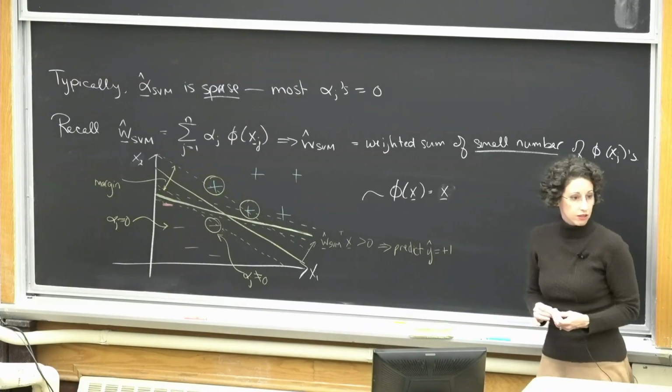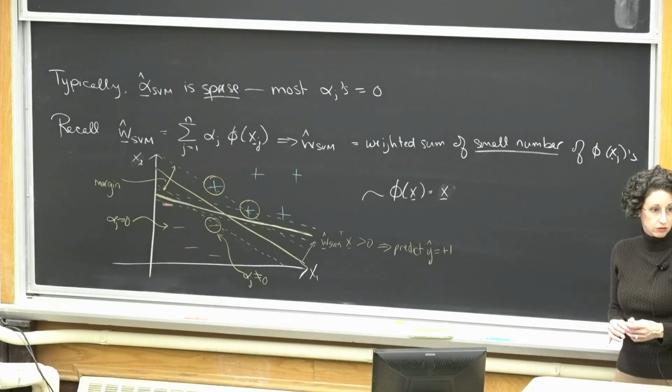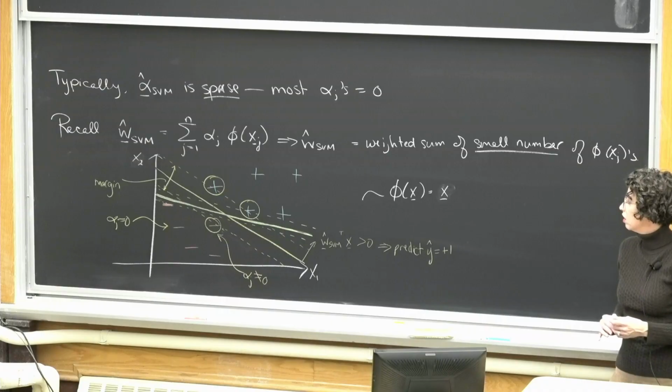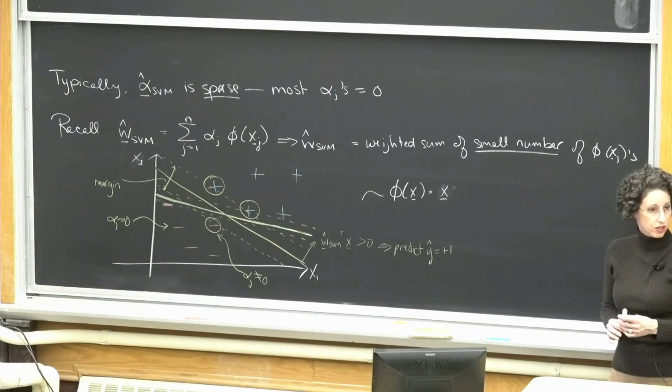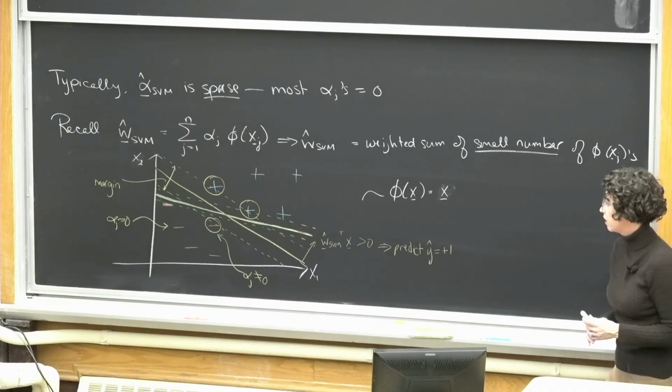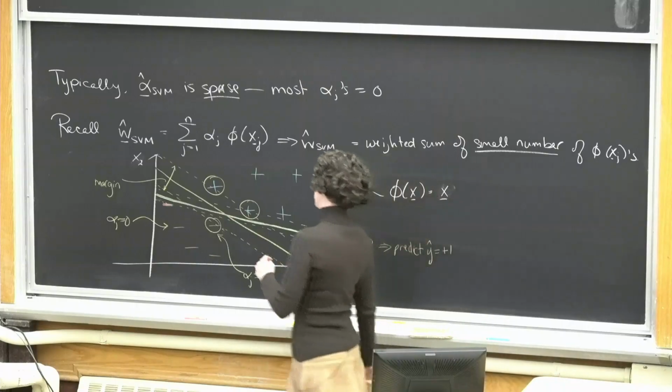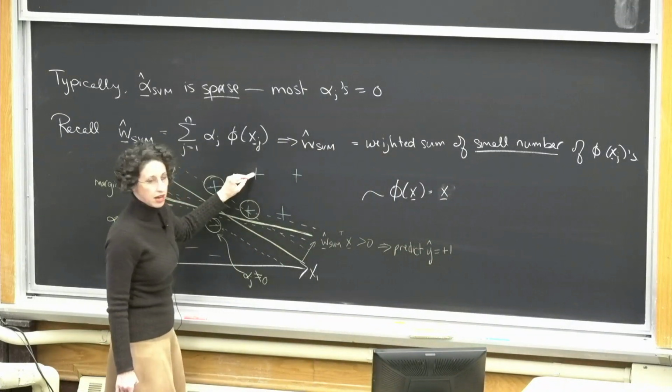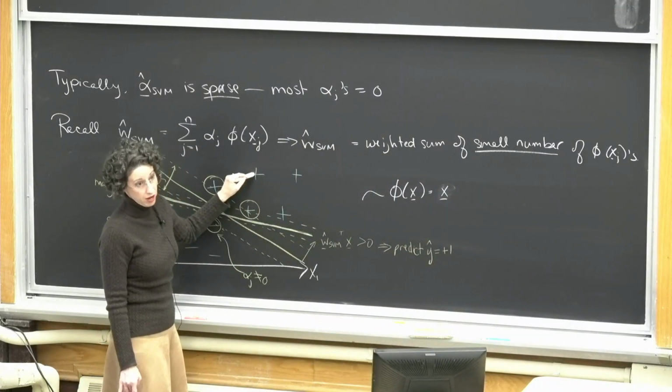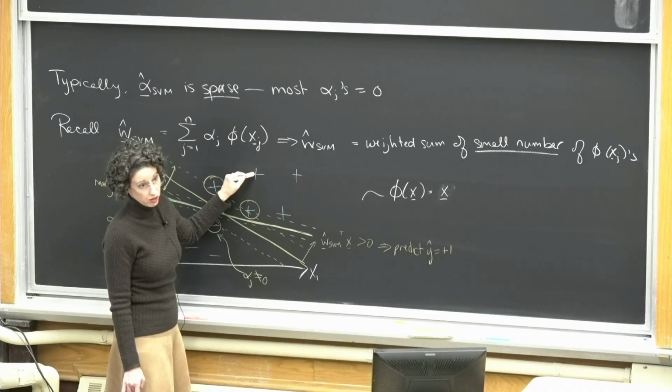Yes? For the support vectors, do they have hinge loss of 0? Do the support vectors have hinge loss of 0? Yes, that's right. And in fact, the vectors that are correctly classified and are not right on the margin also would have hinge loss of 0.